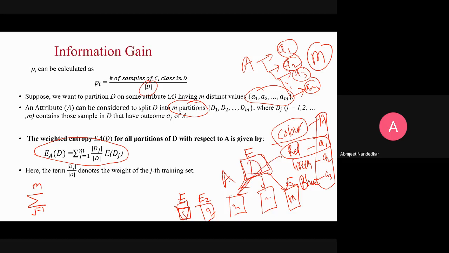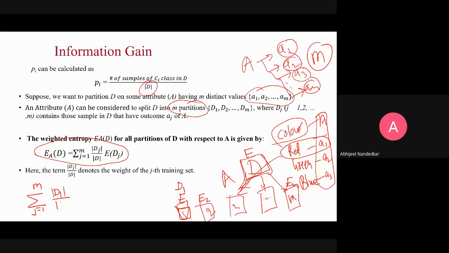Elements here are, suppose, D1, so it is the number of elements in D1 divided by the number of elements in D, multiplied by the entropy of that table. The entropy of this table is E1, so I write E1 of D1. This is the entropy of the first box multiplied by its weightage, that is, how many samples from the original source it has captured. The more it captures, the more important it is.